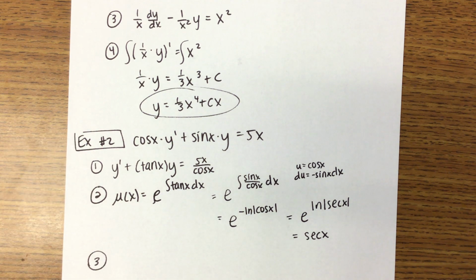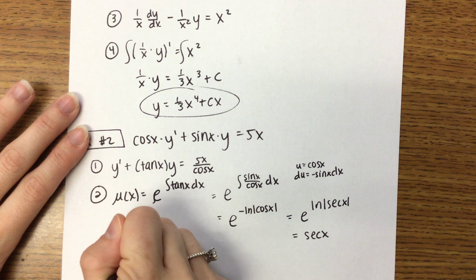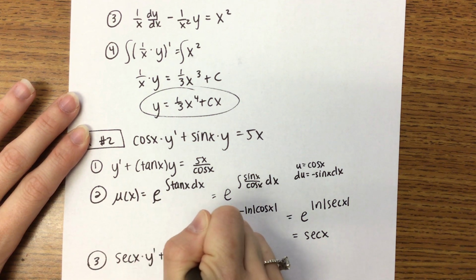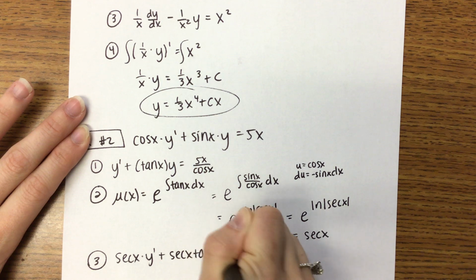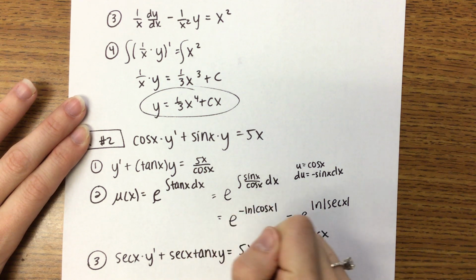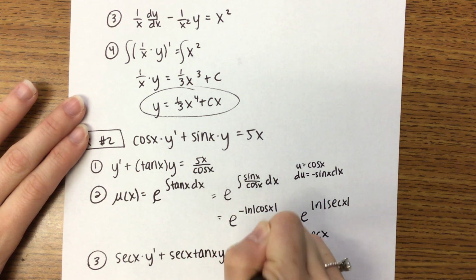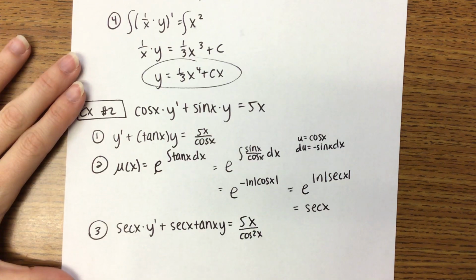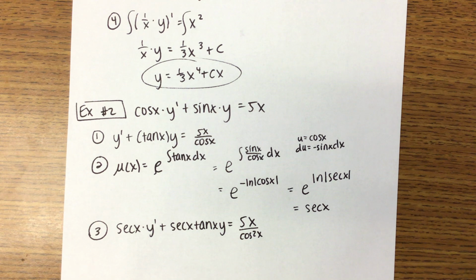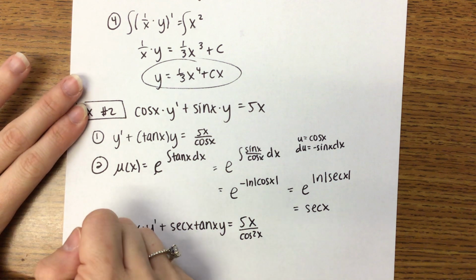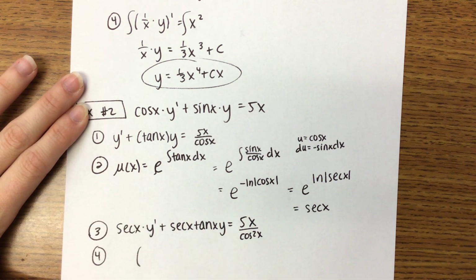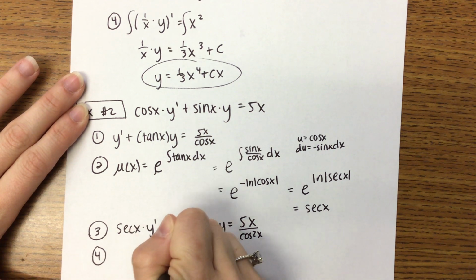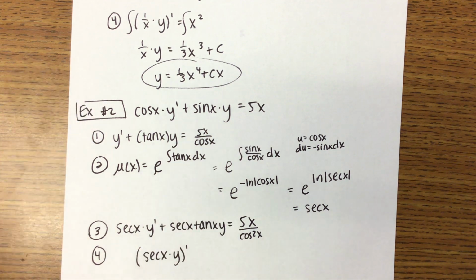Okay, so again, multiply both sides by secant x. Okay, left side should be the product of the integrating factor and y, the derivative of that.